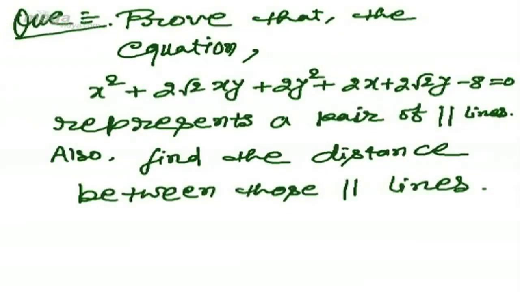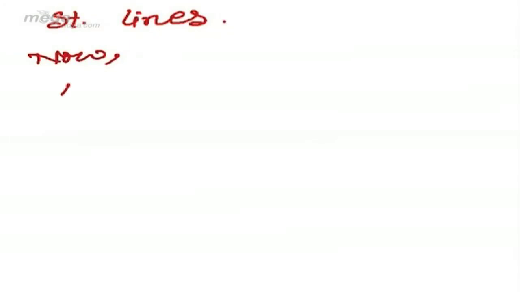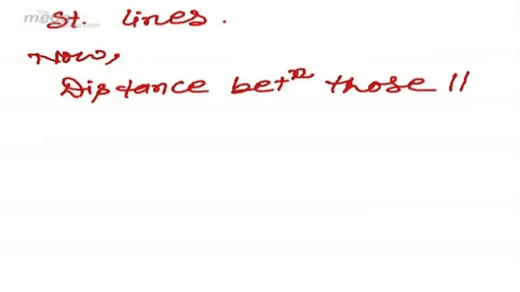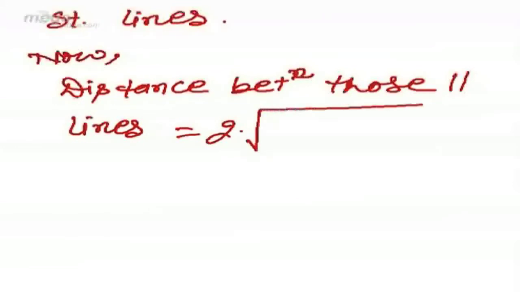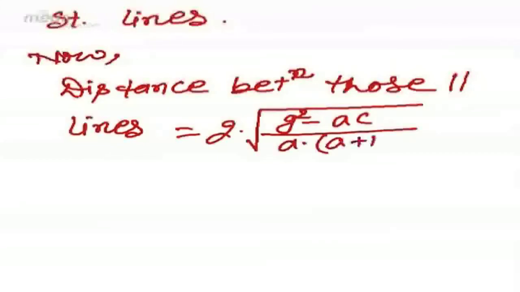You have to find the distance between those parallel lines. So now we will find the distance. The distance between those parallel lines, you have the formula: for the combined equation given, the distance between two parallel lines is equal to 2 into root under g square minus ac upon a into a plus b.